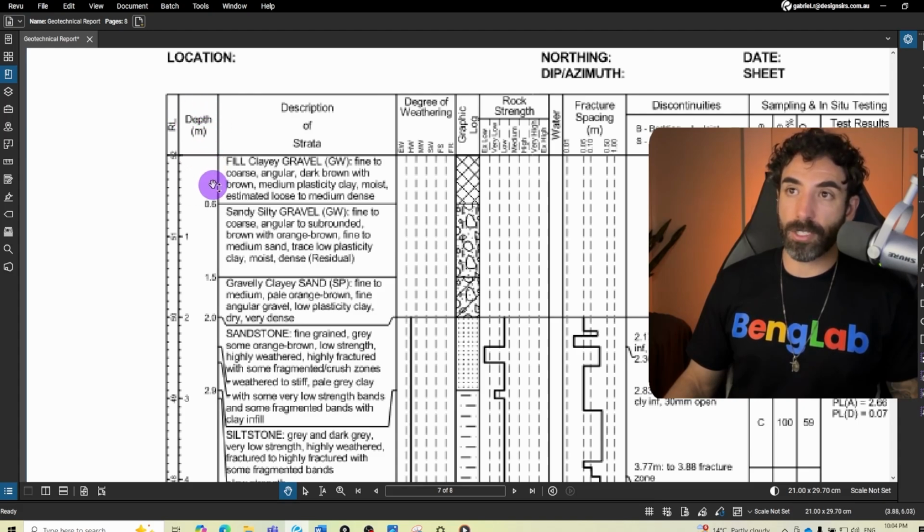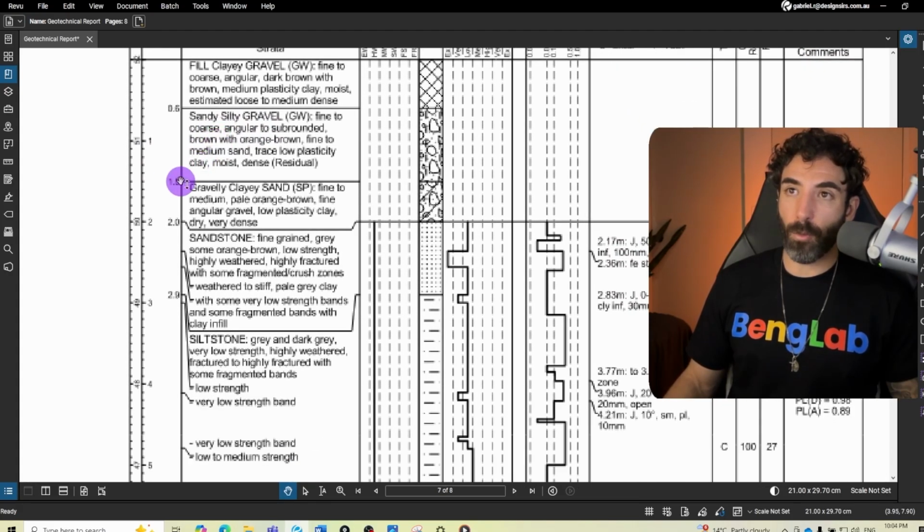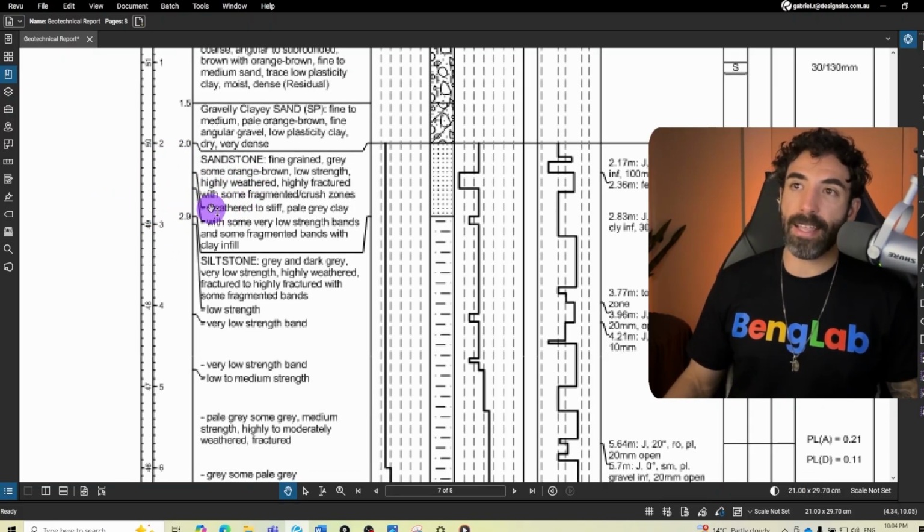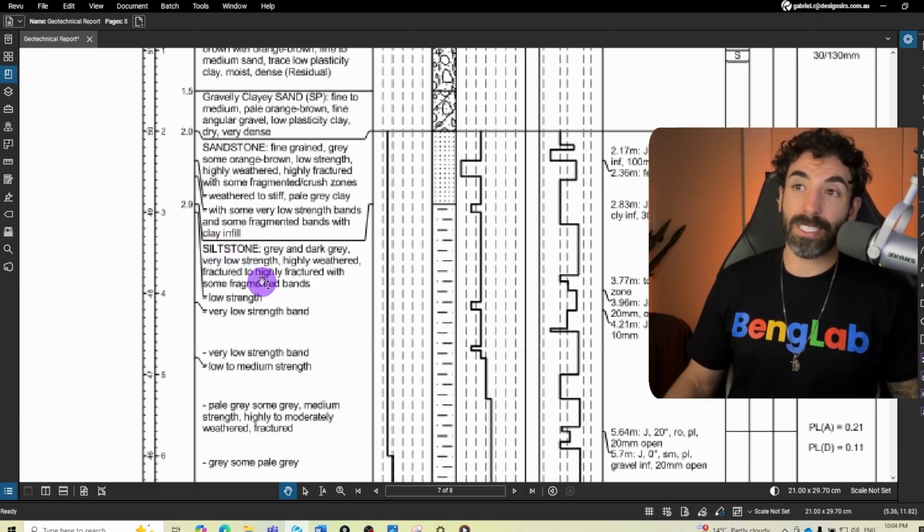So the first 500 mil of soil will be fill, and then from 500 to 1.5 meters we've got sandy silty gravel, and then from 1.5 meters to 2 meters we've got a gravelly clayey sand, and then from 2 meters to 2.9 meters we have sandstone, and then from there will be siltstone.